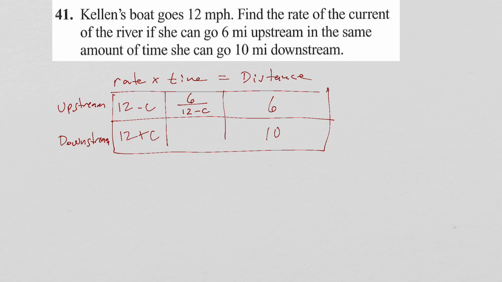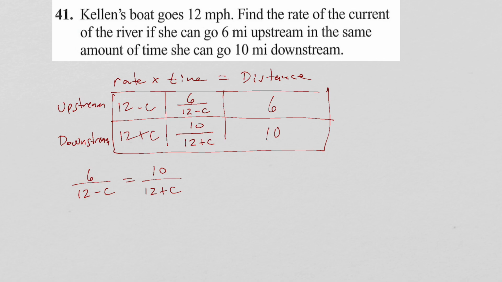So here we're going to do another fraction, and in the bottom of the fraction I'm going to put 12 plus c, and in the numerator I'll put 10, so that when I multiply, these cancel and I end up with 10. Now the equation is going to come from the fact that it says it took the same amount of time. Same is equals. So these two boxes are going to be equal to each other. So 6 over 12 minus c is going to be equal to 10 over 12 plus c.